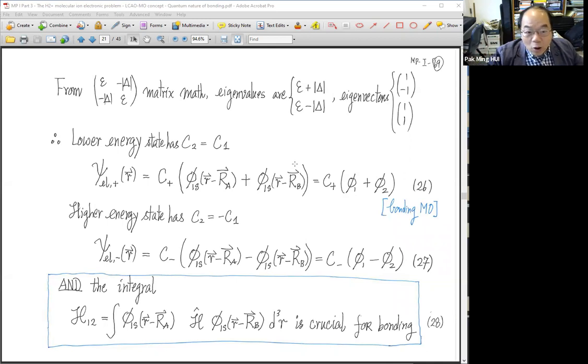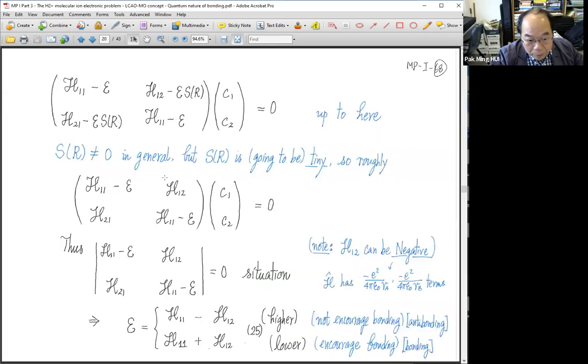Now, it is the off-diagonal term that is responsible for it, H12, okay? If this is big, delta is big, one is pushed down more, the other one I don't care, okay? And more energy will be gained.